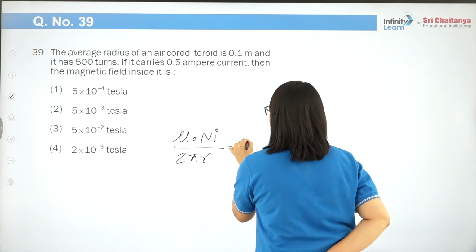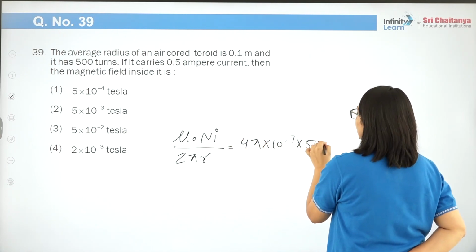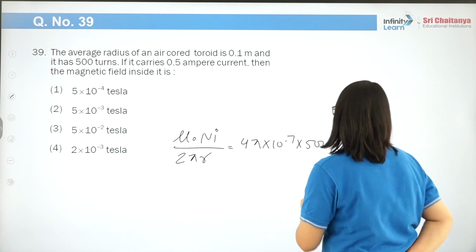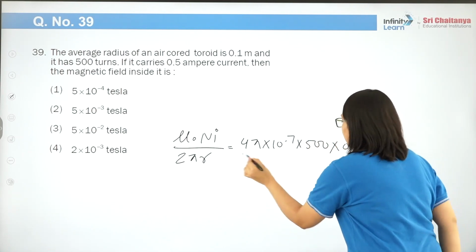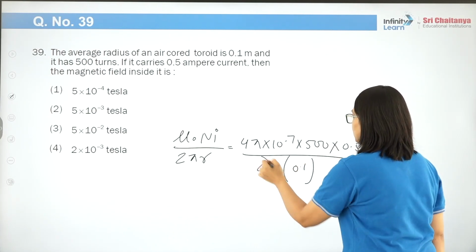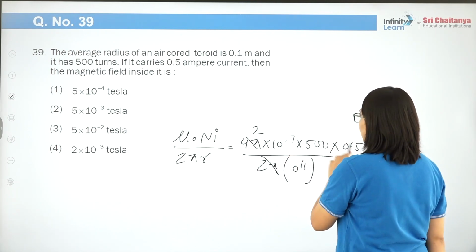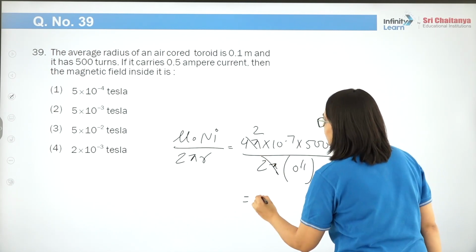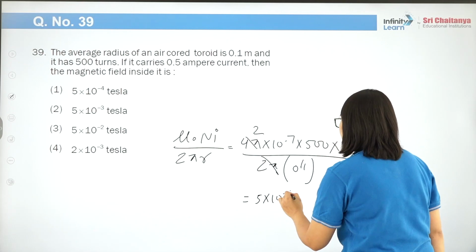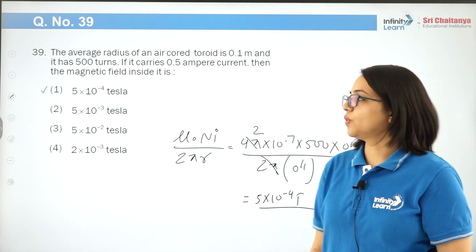Mu naught is 4 pi into 10 power minus 7, N is 500, I is 0.5, divided by 2 pi r, r is 0.1. The 2 cancels, the point cancels, so we have 10, so this is 5 into 10 power minus 4 Tesla. So the correct answer is option 1.